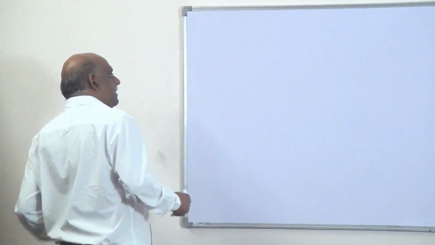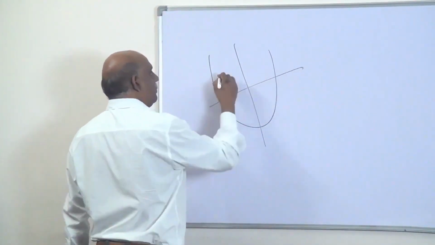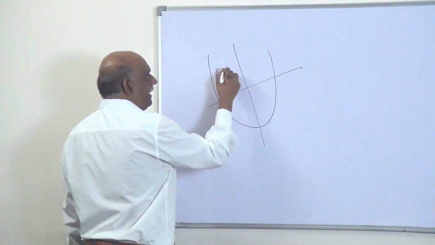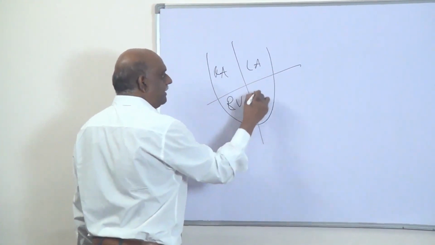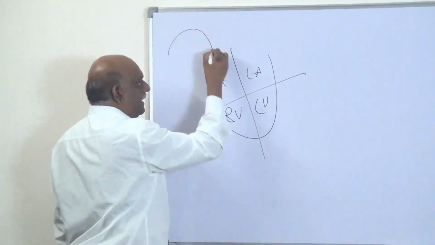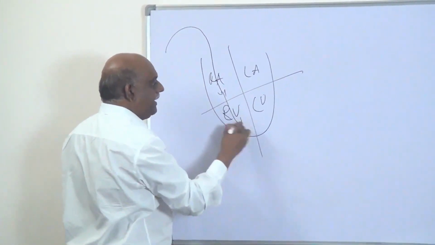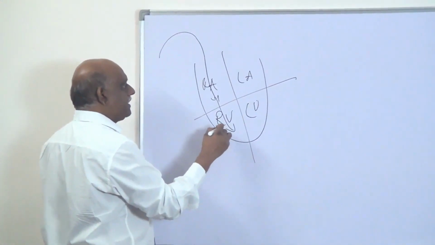So Swan-Ganz catheter, effectively, what is it testing? You have a right atrium, left atrium, right ventricle, left ventricle, and you pass the catheter from the right atrium into the right ventricle, right? From the right ventricle, what is coming?